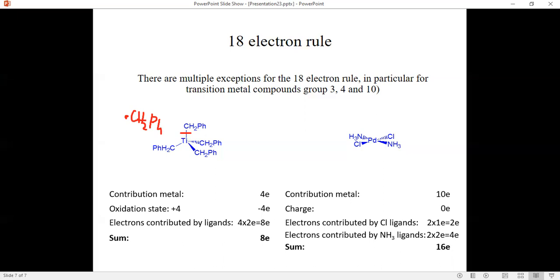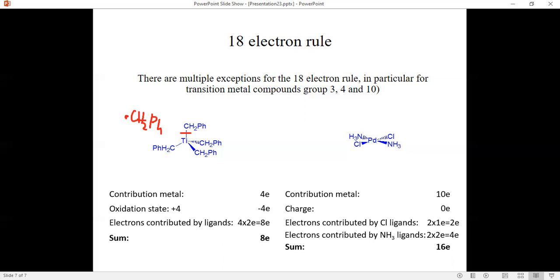Now, why do they do this? At this point, we don't understand this yet. We would need to look more closely into the bonding of such a square planar complex in order to understand why 16 electrons are preferred over 18.